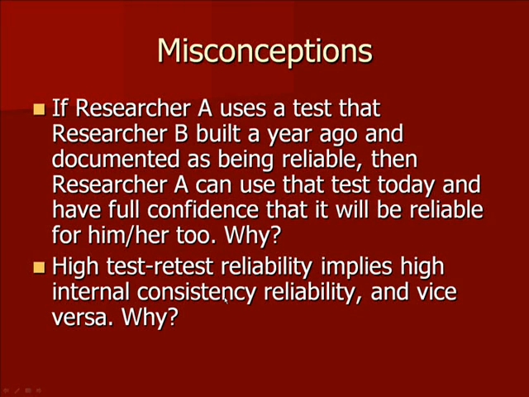A few misconceptions. One, and this is kind of hit on this just a second ago. If researcher A uses a test that researcher B built a year ago and documented as being reliable, then researcher A can use that test today and have full confidence it'll be reliable for him or her. You can't. If you're going to use a survey again, one of the things that you need to provide in the data is a reliability coefficient.